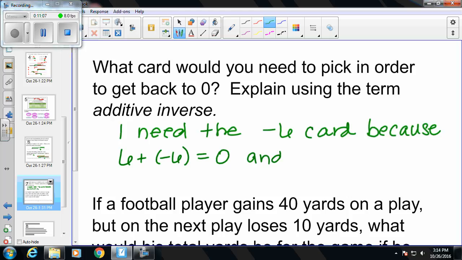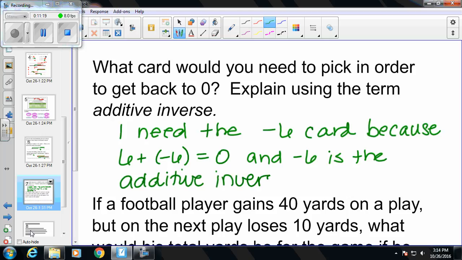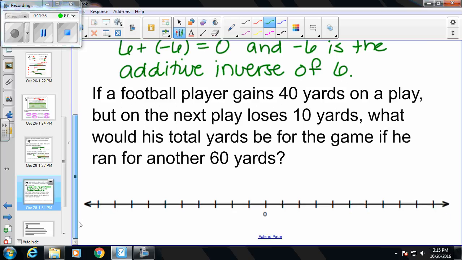And -6 is the additive inverse of 6. I need the -6 card because 6 plus -6 is 0. And -6 is the additive inverse of 6. I did exactly what they asked me to do.